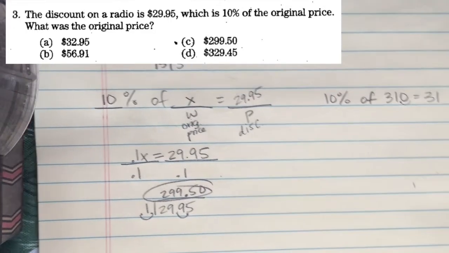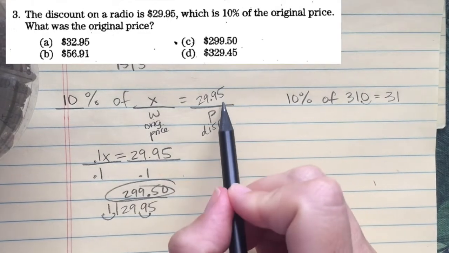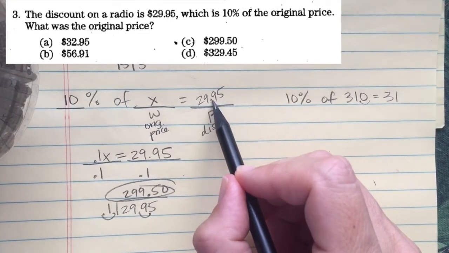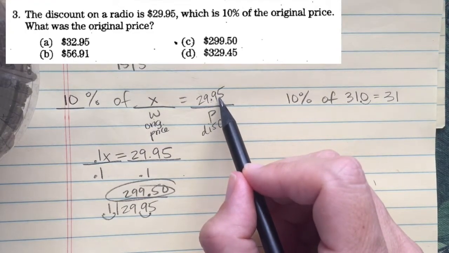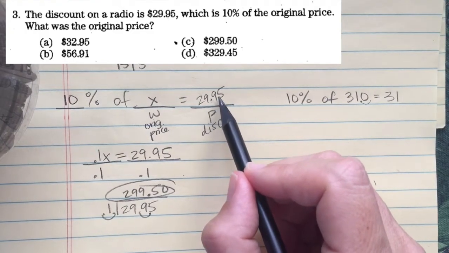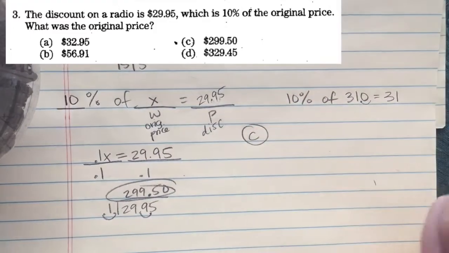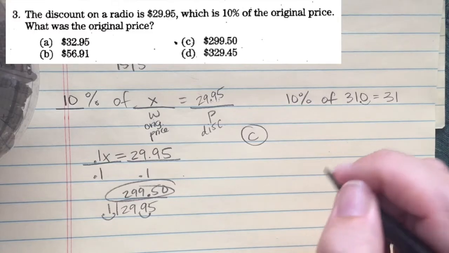So that would be 31. They did the same thing here. You could have just done, since you know it's 29.95, you know that decimal was just moved one place to the left, so it had to be 299.50. So your answer was C. All right.